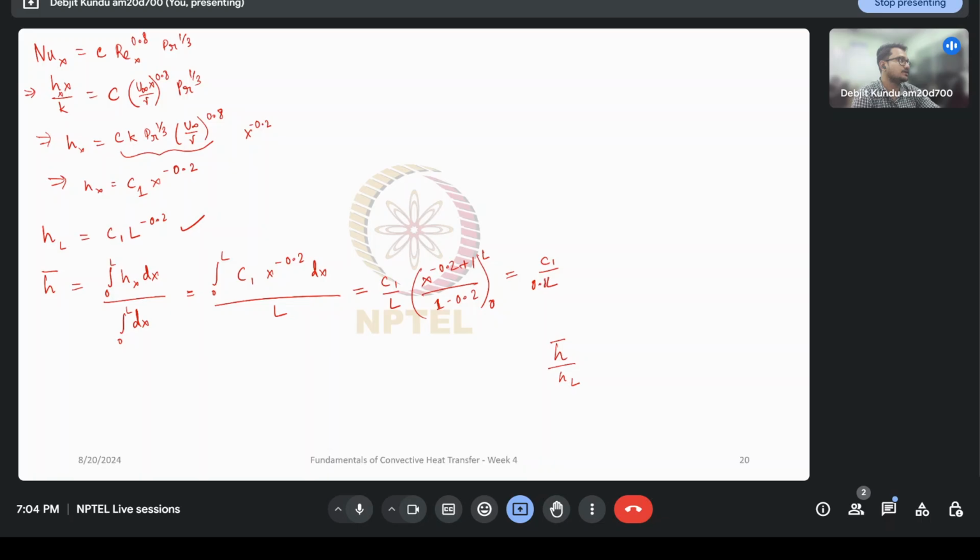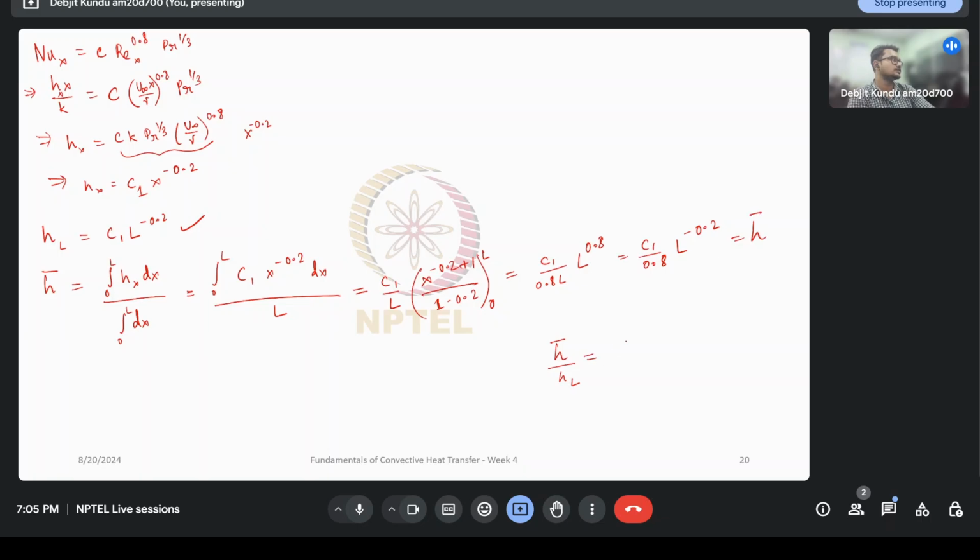So I have 0.8 here in the denominator, 0.8 into L, and x power also 0.8, from L to 0. So that becomes L power 0.8 minus 0. So this is C1 by 0.8 L power minus 0.2.